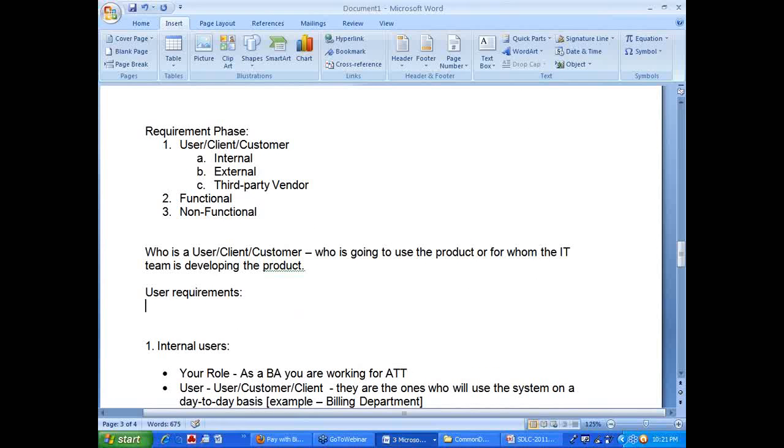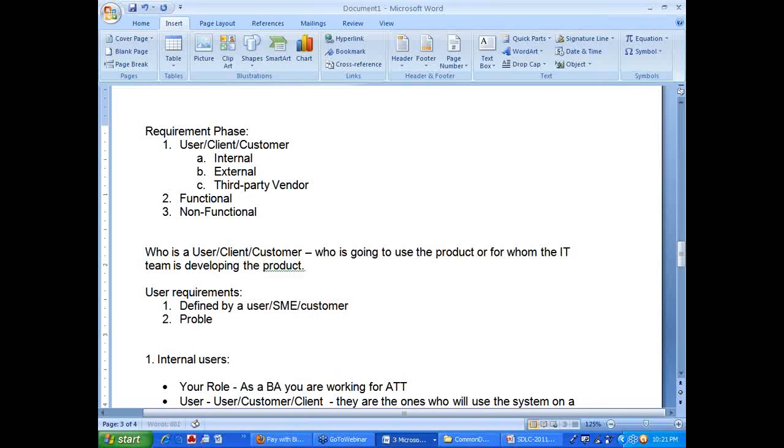So, user requirements. What do you mean by user requirements? What are the characteristics of user requirements? What are some of the things you can tell us about user requirements? Whether internal, external, or third party, generally speaking, user requirements are defined by a user or a subject matter expert, or a customer.